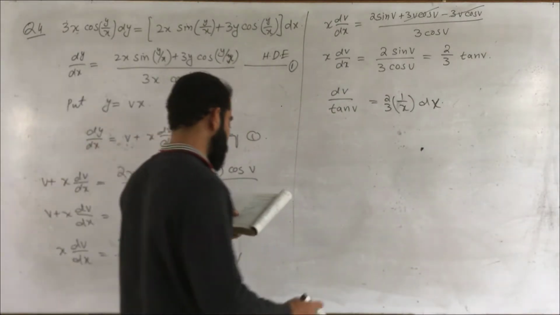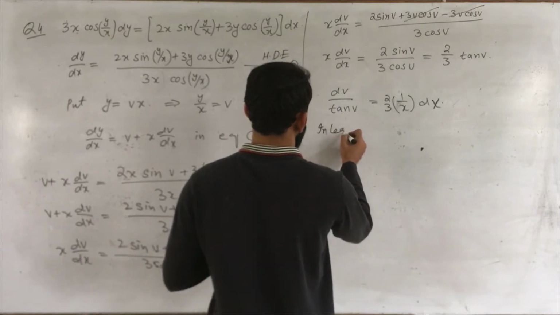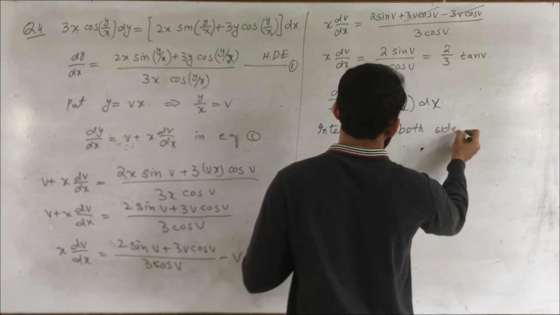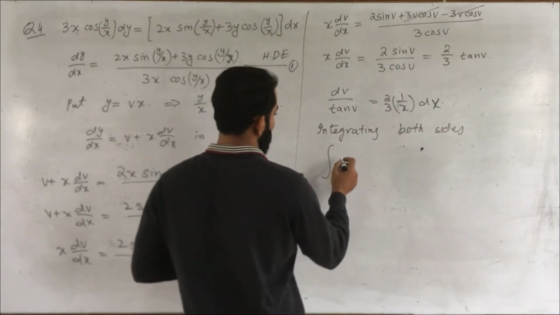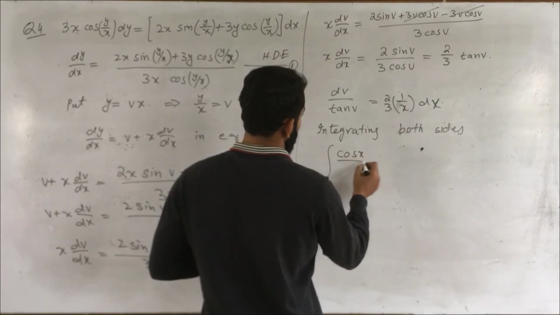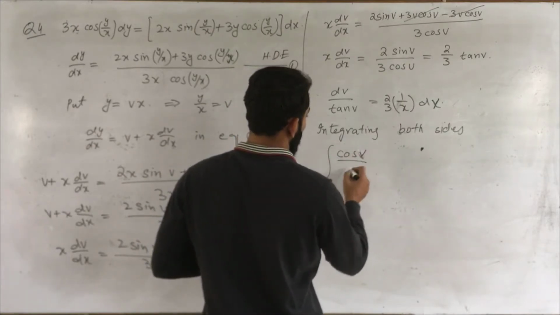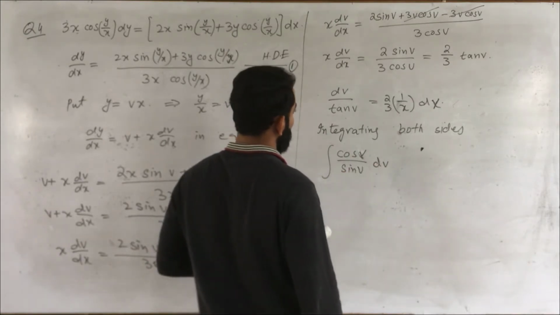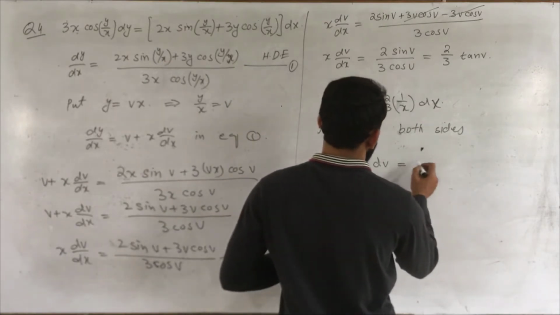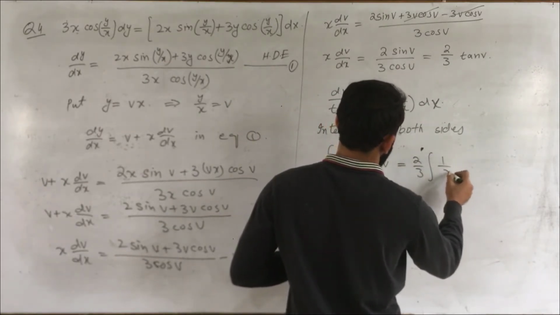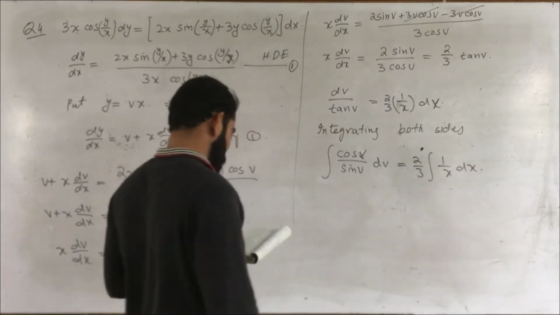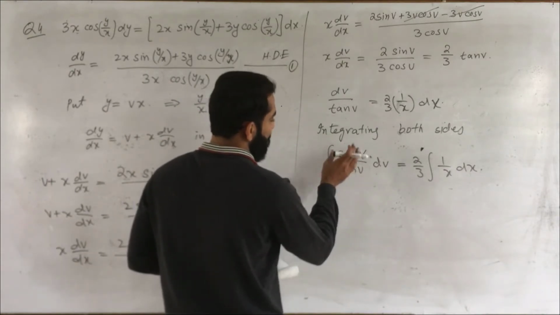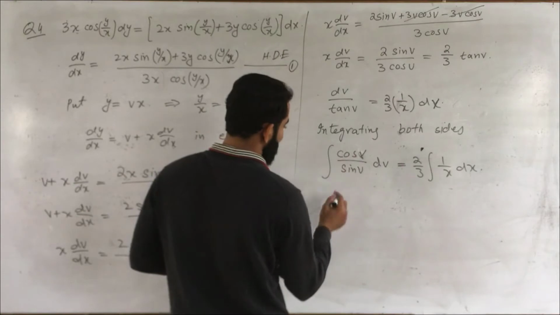Integrating both sides, we get integration of cos V over sin V dV is equal to 2 over 3 integration of 1 over x dx. The integration of cos V divided by sin V is natural log of sin V, because sin has the derivative of cos which is present at the upper hand side.